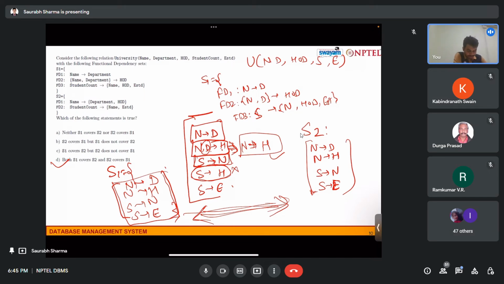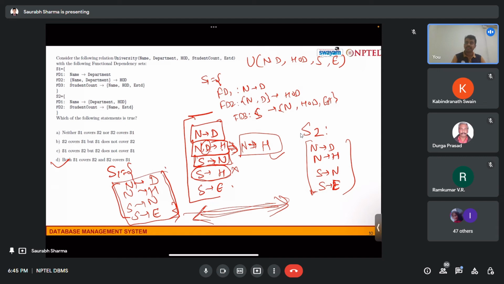Actually, I'm repeating it again. For this kind of cover question, we have to see the functional dependency sets which are equivalent. If there are extra functional dependencies, we have to search for a subset, equivalence, or superset. First, what we have done is eliminate the extraneous attribute.